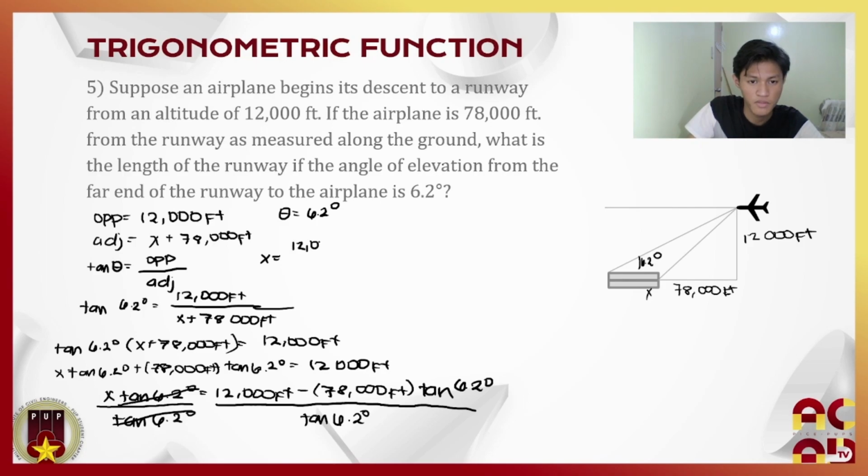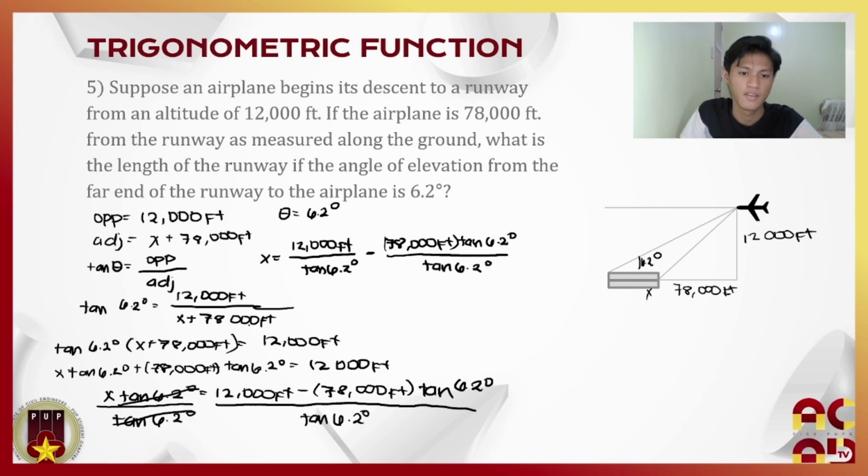So, 12,000 feet divided by tangent 6.2 degrees minus 78,000 feet tangent 6.2 degrees divided by tangent 6.2 degrees.